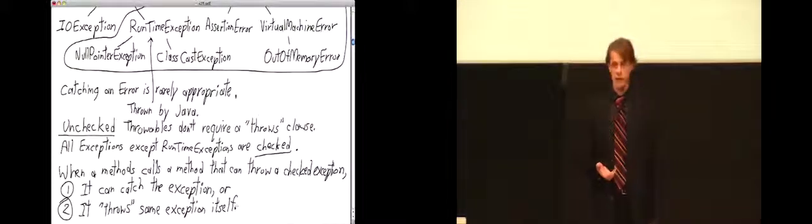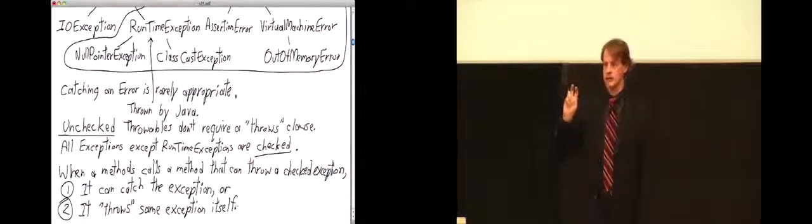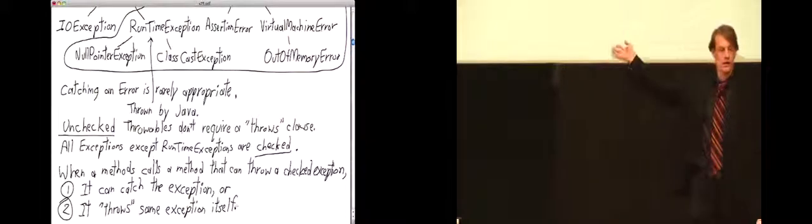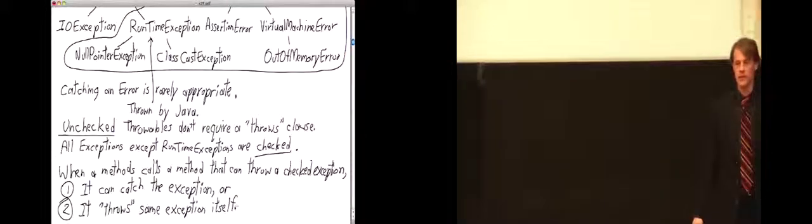Generally, the easiest way to figure out which exceptions you have to declare that your method throws is to run the compiler and let the compiler error messages tell you. Any questions about that?